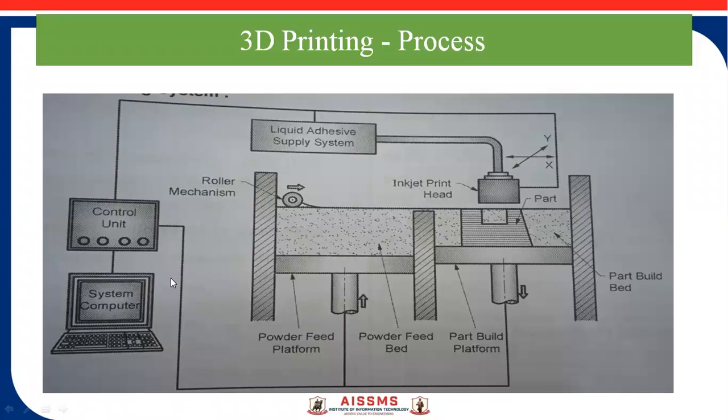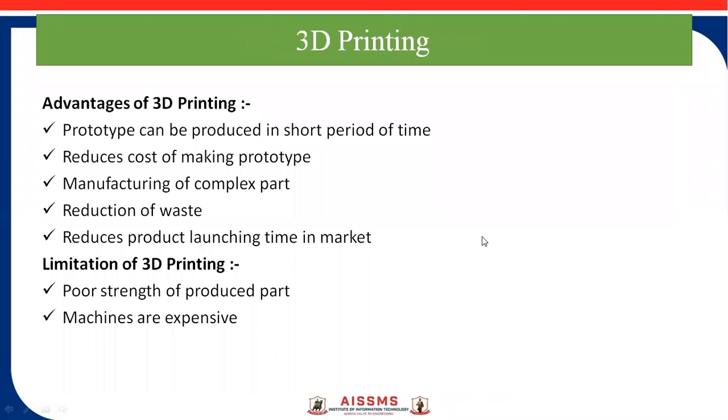First, you can see the 3D CAD model is set up. Then the 3D CAD model generates the STL file. Then machine setup as per the design, slicing and all. So we are applying material layer by layer as per the design through the jets, adhesive jets, and binders are applied to attach the layers of the parts, and then lastly the 3D component is generated, and that we have to remove for the post processing application.